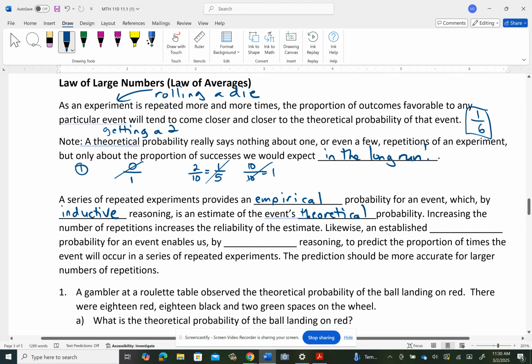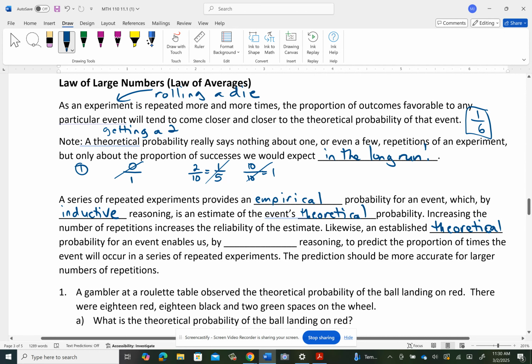Okay? Also, we might have an established theoretical probability, like when we're rolling a die. We know the chance of getting a particular outcome is 1 out of 6, whereas if we're tossing a coin, the theoretical probability of getting heads versus tails would be 1 out of 2.